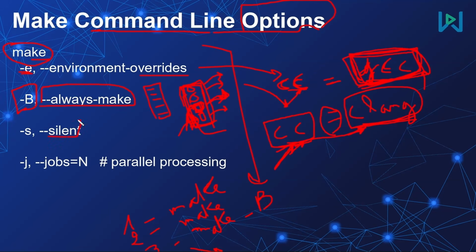Then we have this --silent or -s. This tells GNU Make to execute the different Makefile rules to compile our sources silently. It means make will not print the content or the body of the different Makefile rules.